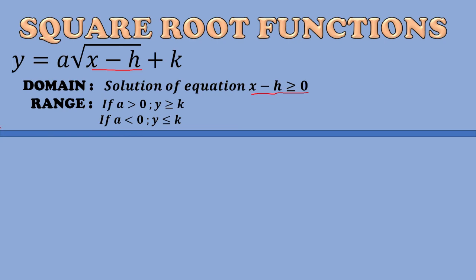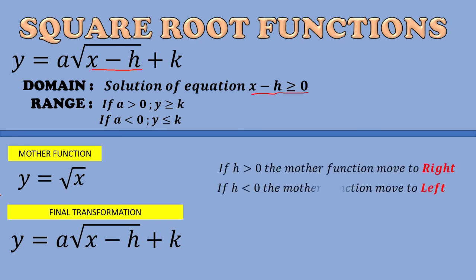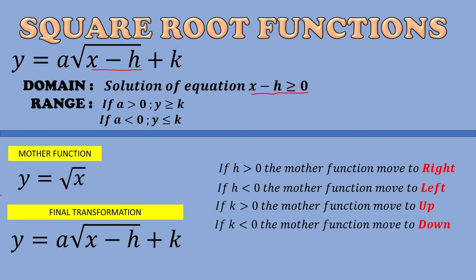But if a is negative, all the values less than or equal to k. The final transformation is the most important image to solve and to represent graphically any square root function.